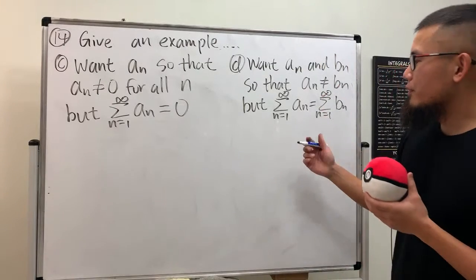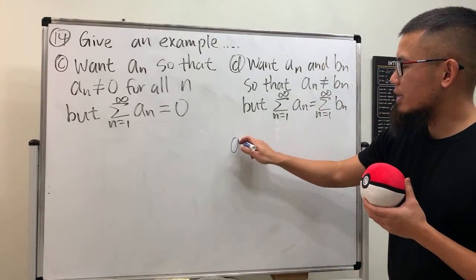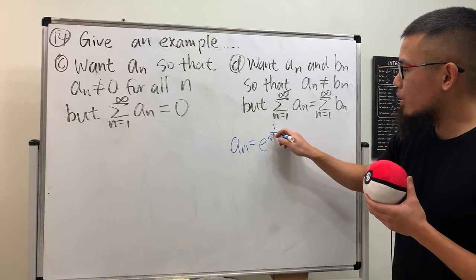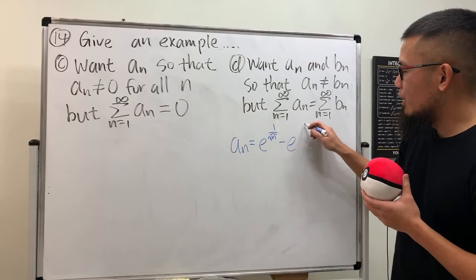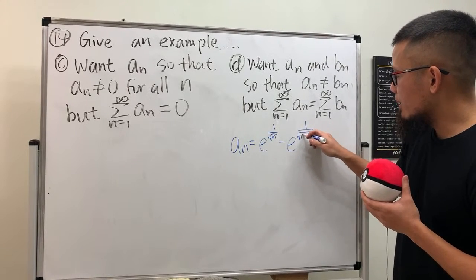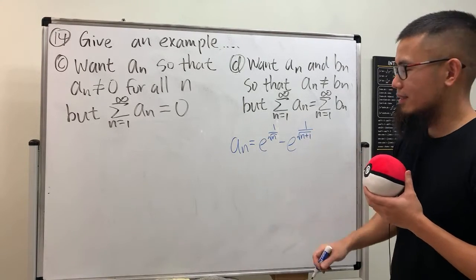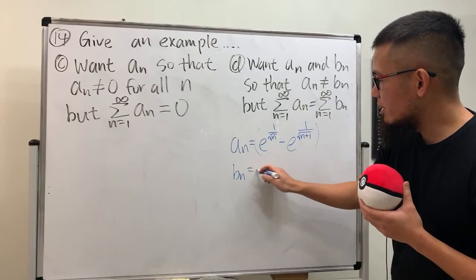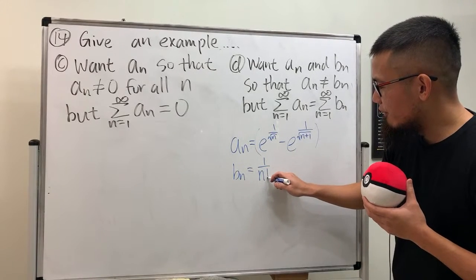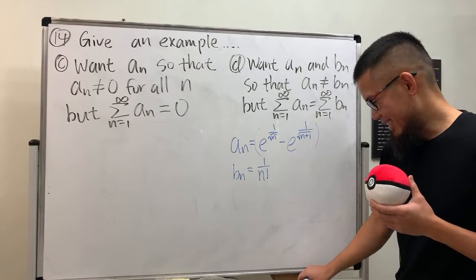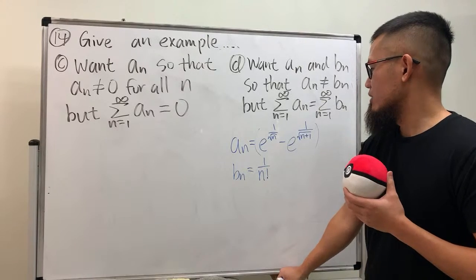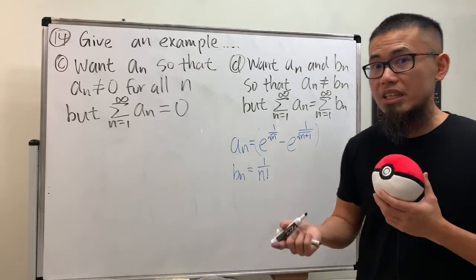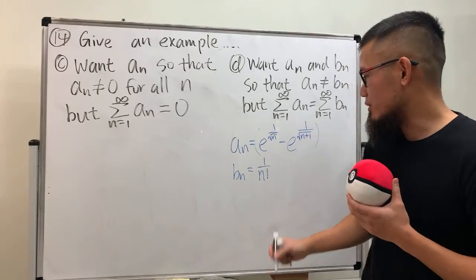For this one, I will say a_n is equal to e to the 1 over square root of n minus e raised to the 1 over square root of n plus 1. And then you take b_n to be 1 over n factorial. Such an evil question, right? Not so bad though. In fact, we did that in the multiple choice question.